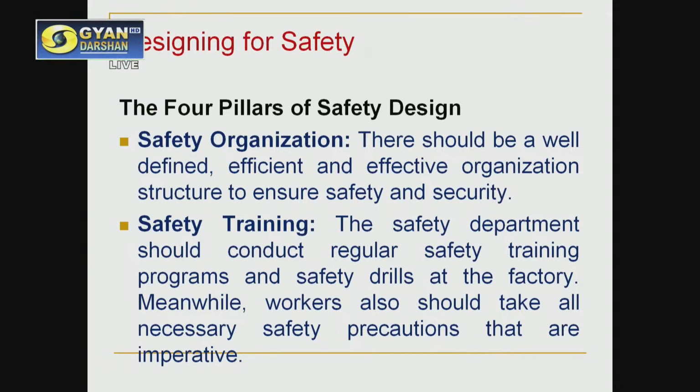The safety organization should be well defined, efficient and effective in its structure, which helps to ensure the safety and security of any industry. Then only will the industry be safe and secure.